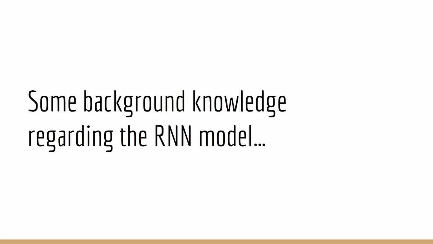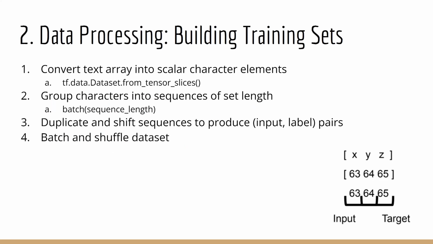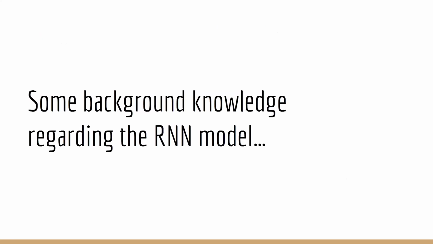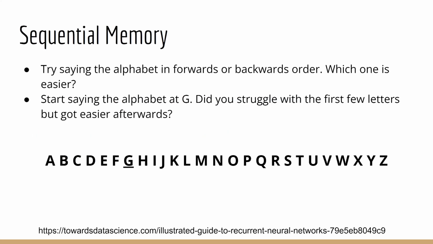So we've been looking at the problem more directly in the data steps. Now, since we're getting into RNN model territory, I just want to take a few minutes to explore the background knowledge about the different concepts involved in RNNs. So let's take a look.